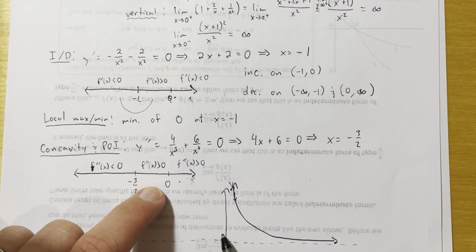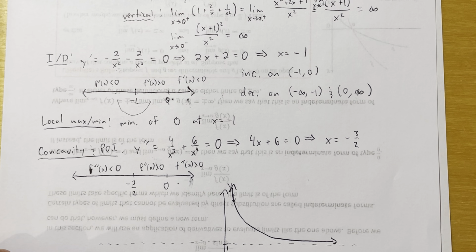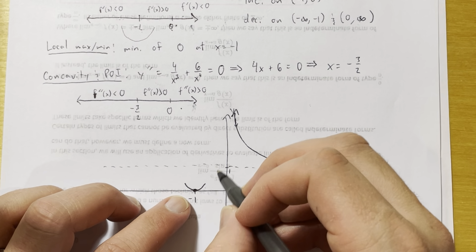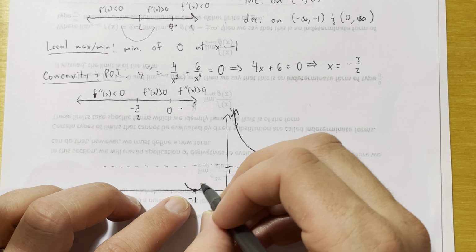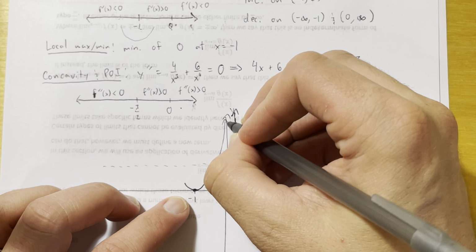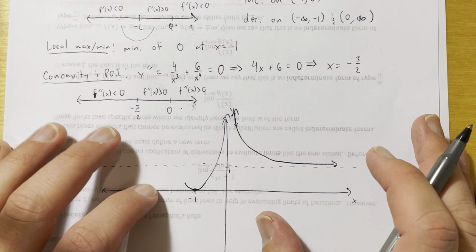The second derivative is positive all throughout this interval as well, which is indicated right here. So what that's telling me is that we're also concave up. Concave up, increasing, approaching a vertical asymptote. This guy has to be doing something like this. Okay?